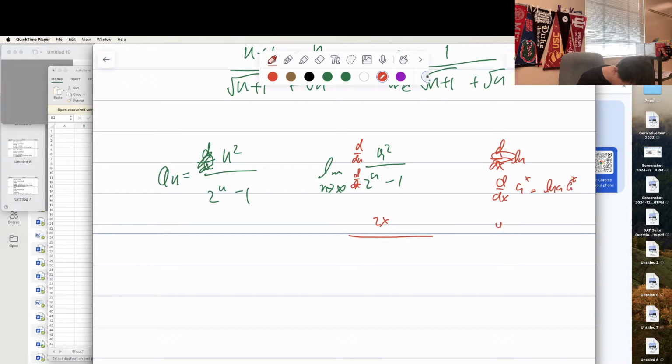Do you guys know why? Because y equals a to the x, ln of y equals x ln a, y prime over y equals ln a, y prime equals ln a times y, so a to the x. So that's going to be ln 2 times 2 to the x.